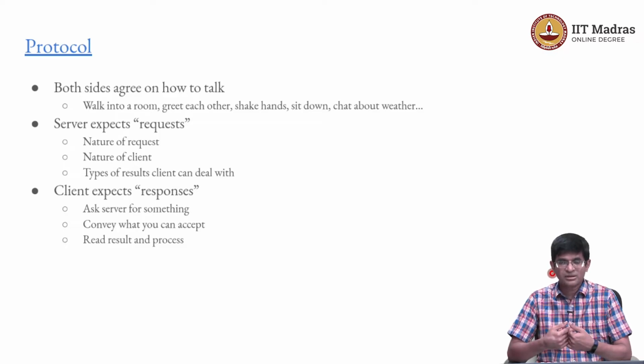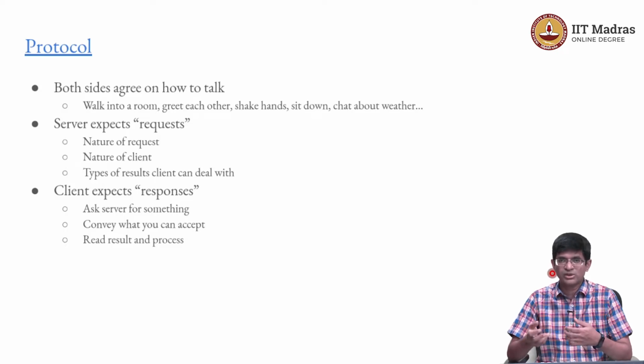In the same way, you also have protocols for how computers are expected to communicate with each other. Now, if I connect to another computer on port 1500, I need to know what kind of information it is expecting and what it is likely to respond with.